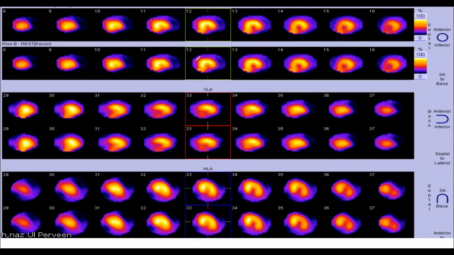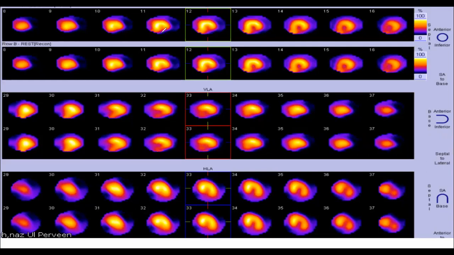First thing is a partial perfusion defect of mild severity in the inferior territory. So where is it present? It's not in the apical region.